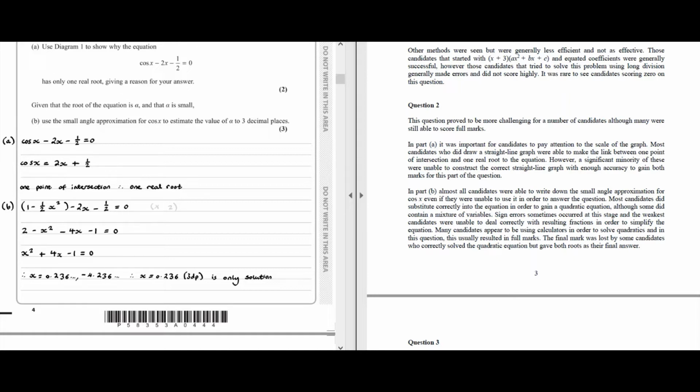In order to simplify the equation, many candidates appear to be using calculators in order to solve quadratics, and in this question this usually resulted in full marks. The final mark was lost by some candidates who correctly solved the quadratic equation but gave both roots as their final answer. Remember, there's only one real root and we're looking at the small angle from it.